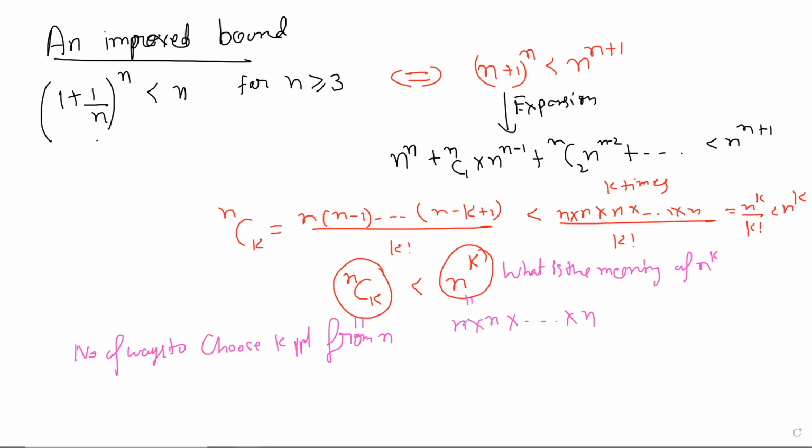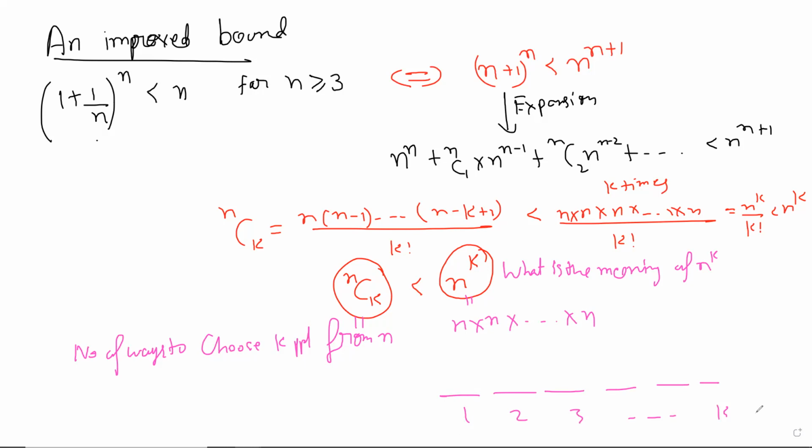Well, you can think of it like there are k places. Yeah, there is no choosing, but this is much simpler because this is just like the multiplication principle, right?